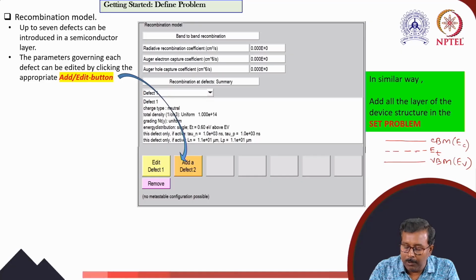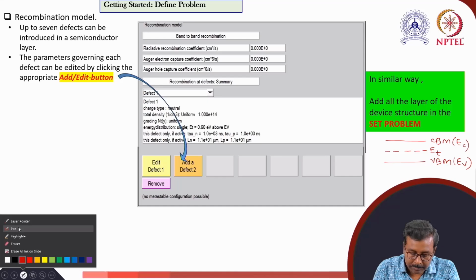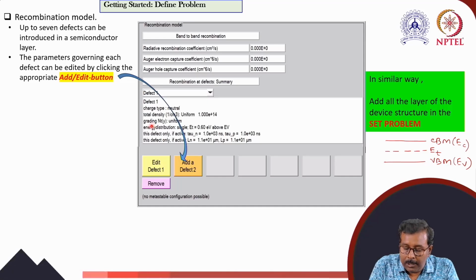The position of that single trap level you can also mention. Here it is mentioned as single. Energy distribution, this is single. ET is equal to 0.6 electron volt above EV. That is, 0.6 electron volt above the valence band maxima.